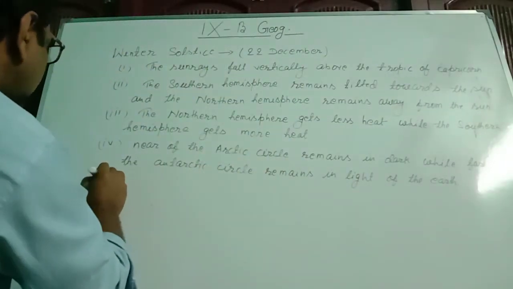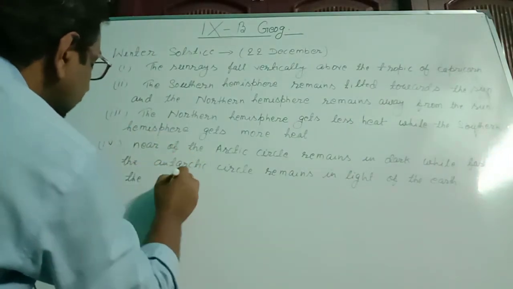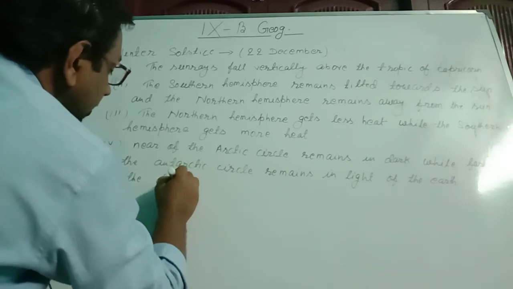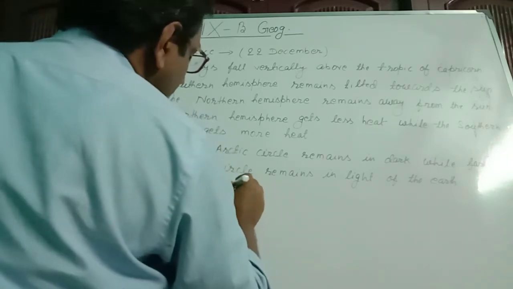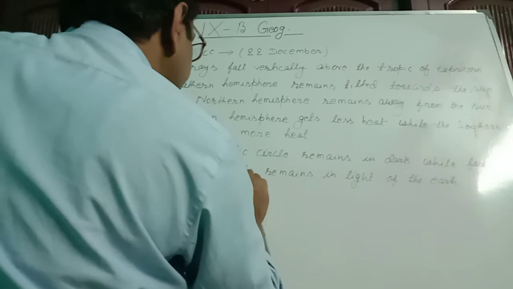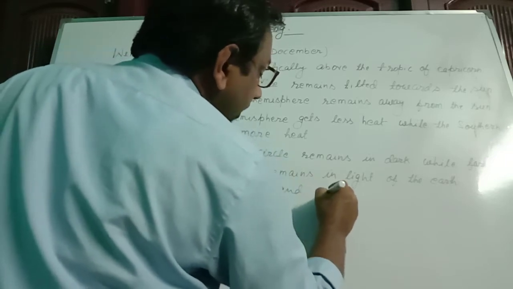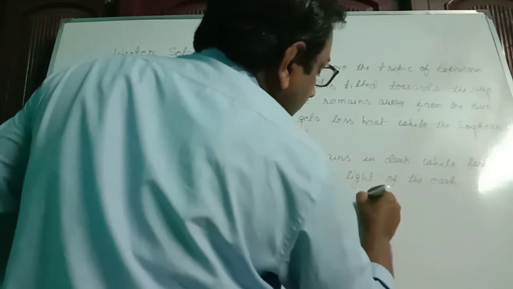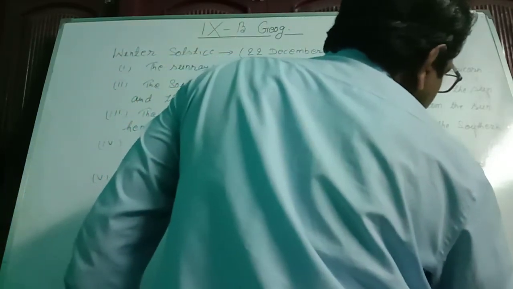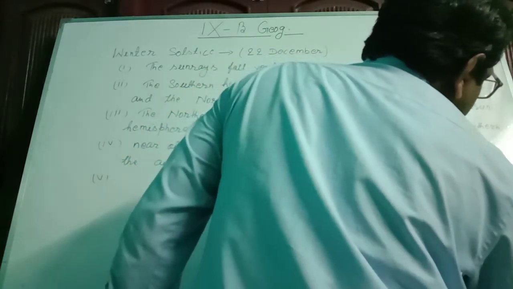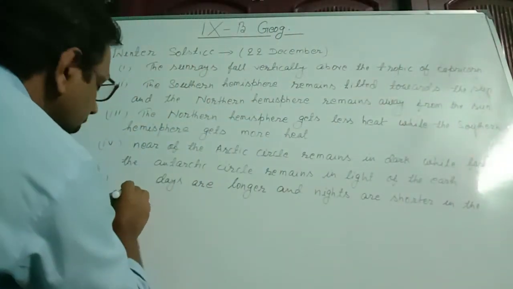Then, what is the effect on the length of the day and length of the night? The days are longer and nights are shorter in the southern hemisphere.